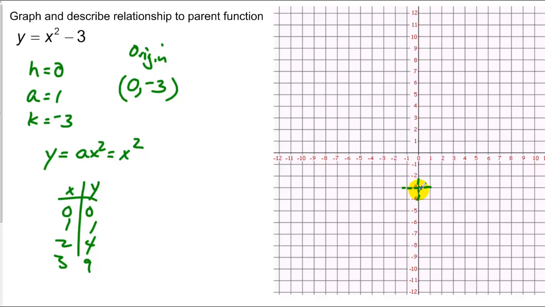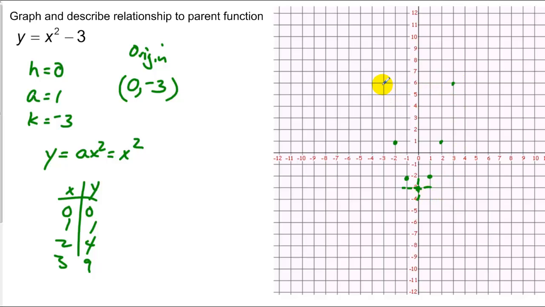So from this point, I'm going to move over 1 and up 1. And I'm going to do that on both sides since I know there's a line of symmetry going down that. I'm going to move over 2 and up 4. And then go over 3 and up 9.